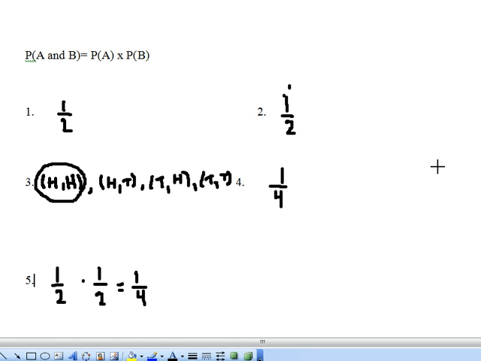The probability that the red cube comes up with an even number is 3 out of 6, because there are 3 even numbers on the red number cube, and they are 2, 4, and 6. Okay, and then there are 6 total numbers. So it's 3 over 6 or 1 over 2, because 3 over 6 reduces to 1 over 2.